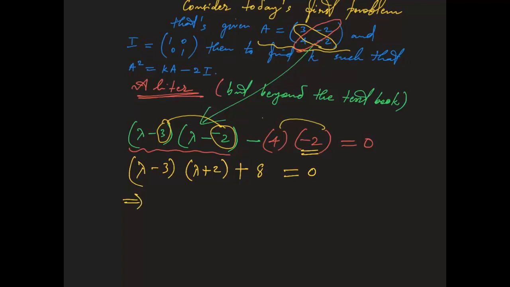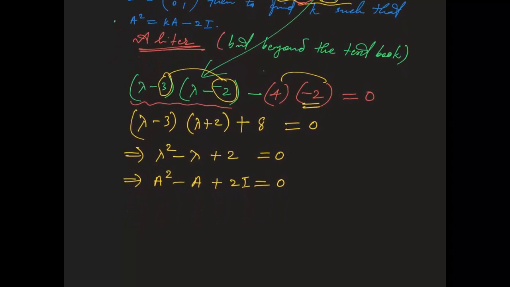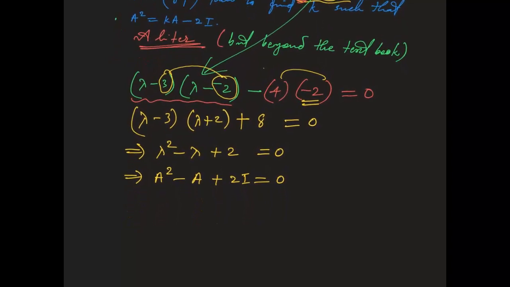Further simplifying, that is lambda square minus lambda minus 2 is equal to 0, that you can see. You can write from this equation A square minus A minus 2I is equal to 0. Now you can write it again as A square is equal to A plus 2I.